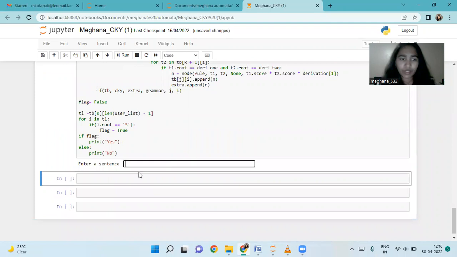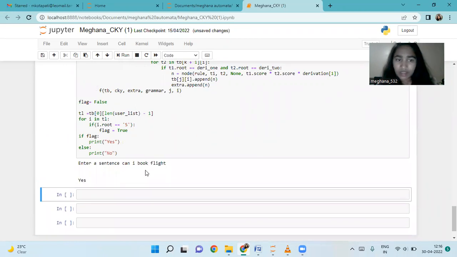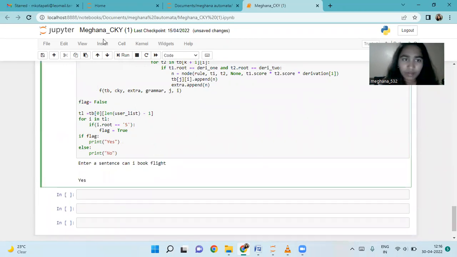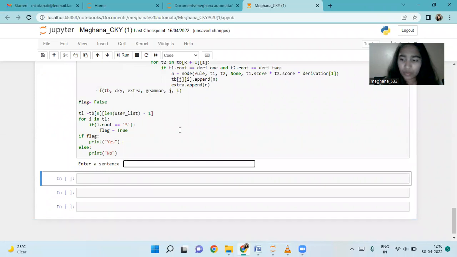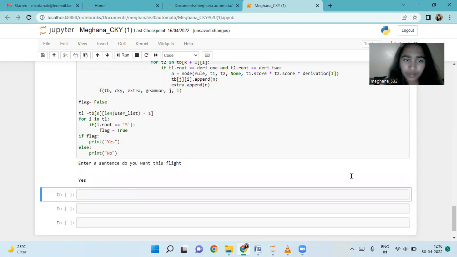When the code is executed, we will be prompted to enter a sentence. Let me enter the first sentence, can I book flight? Since it is a valid sentence, the output is yes. Let me enter one more sentence. Do you want this flight? Enter. Yes.